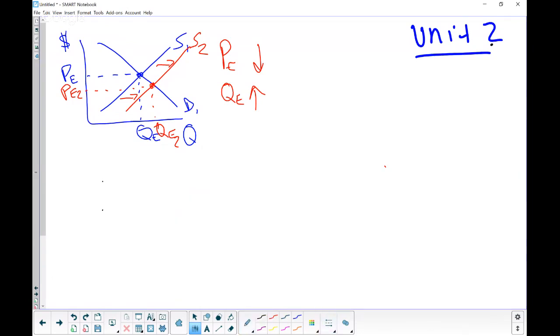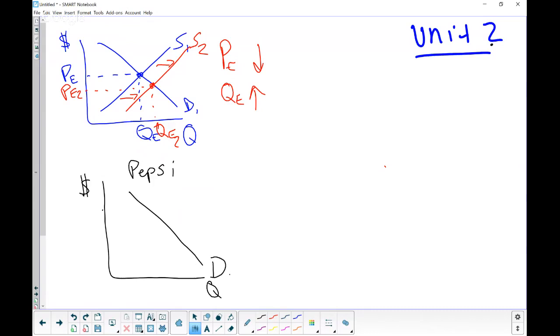Say we have good A, and good A, I don't even want to say it, but we'll say it, is Pepsi. Here's the demand curve for Pepsi, and here's the supply curve for Pepsi as well. This is where the market is hanging out.